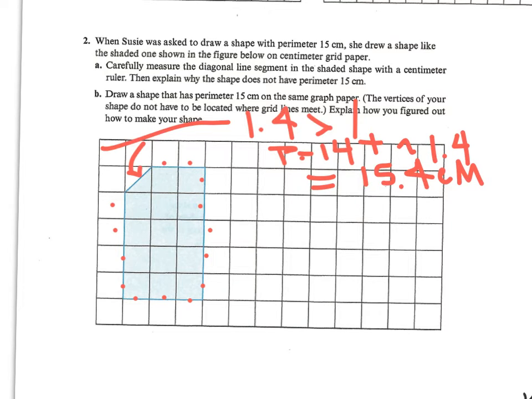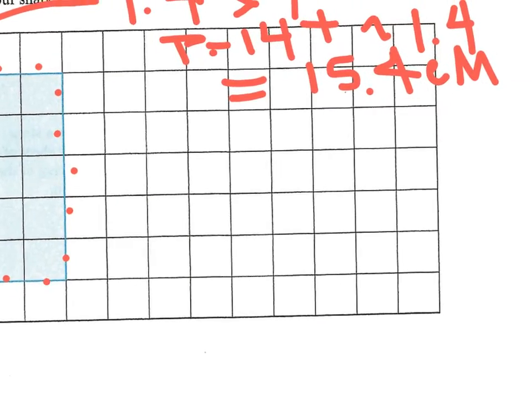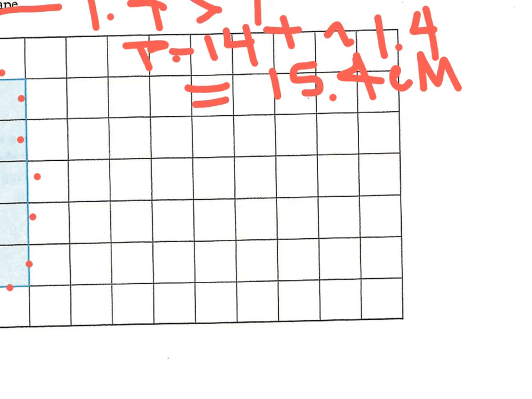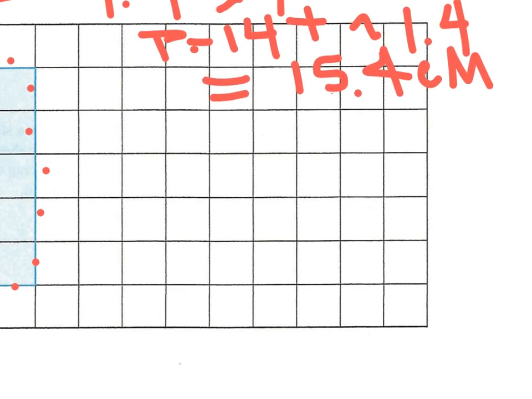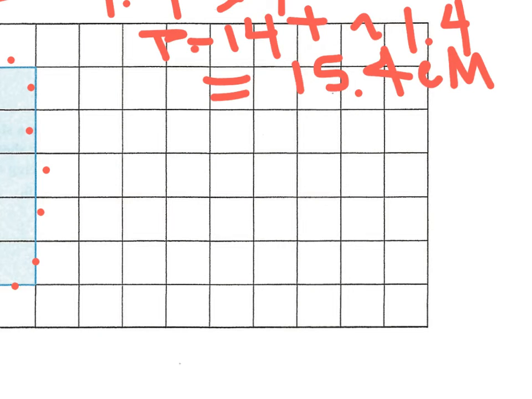Now, on the second part of this, you're supposed to draw a figure that has a perimeter of 15. Now, when you do that, and if you're going to make a quadrilateral, and a quadrilateral that has equal opposite sides, that means 2 adjacent sides have to equal half of the 15. And that's going to give you 7.5.